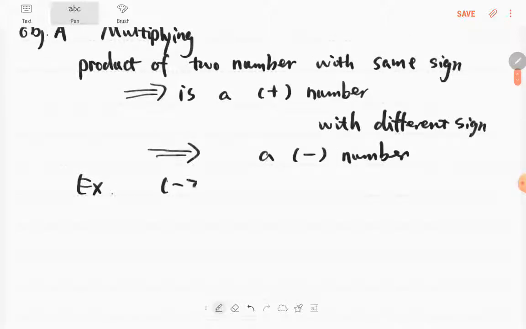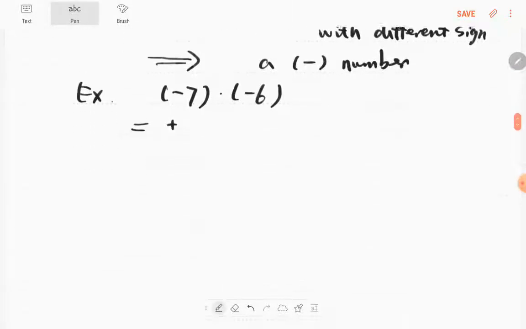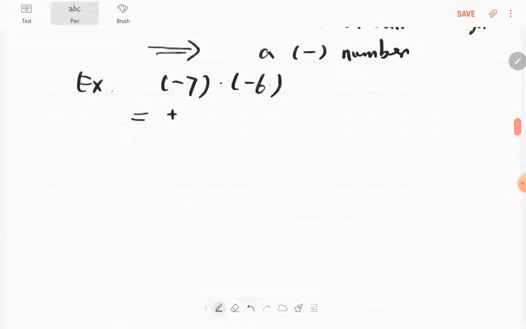If -7 times -6, first let's determine the sign of the product. Negative, negative, same sign, so our answer will be positive, right? Then 7 times 6 is 42. Of course, you can just put 42 because it's positive.